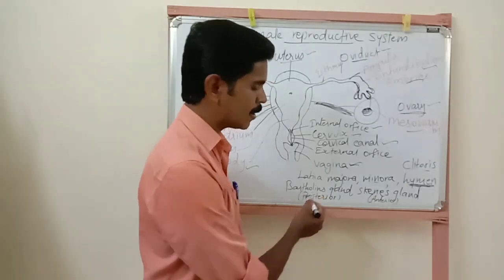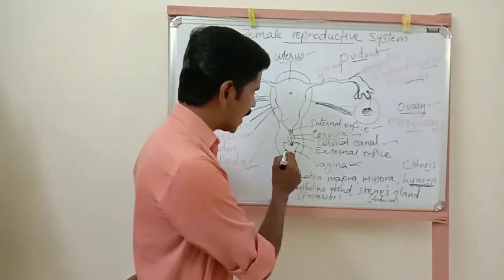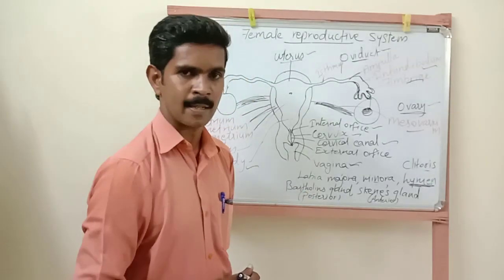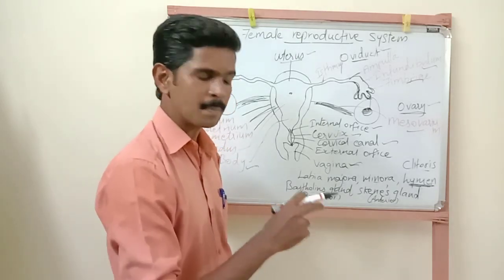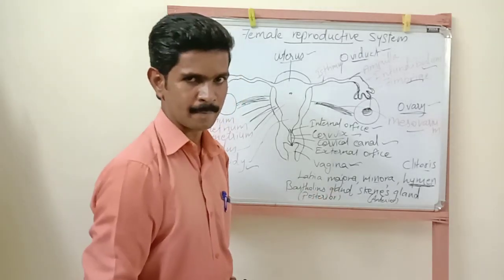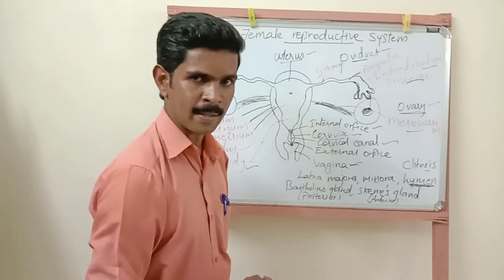One is called Bartholin's glands. This gland is present on the right and left side of the posterior region of the vagina. And this Bartholin's gland secretes a fluid.